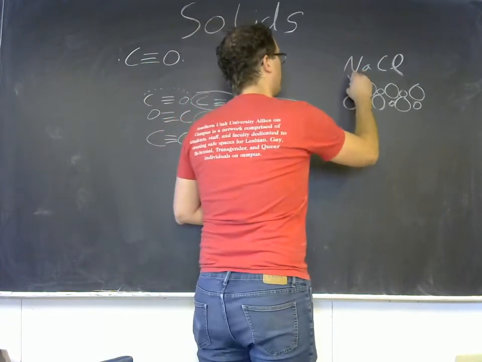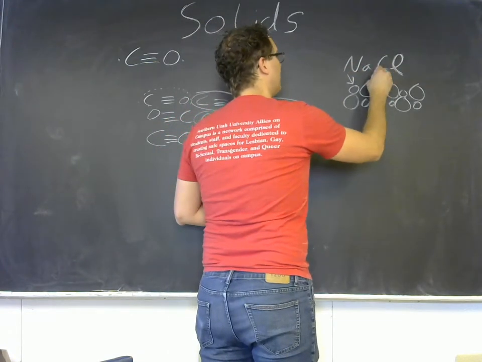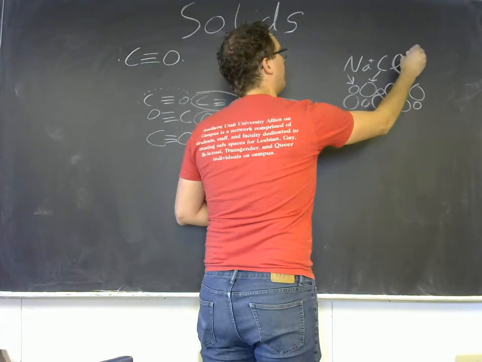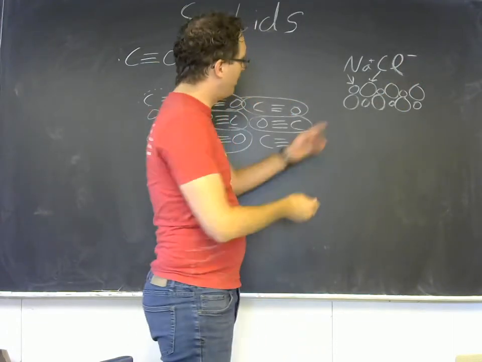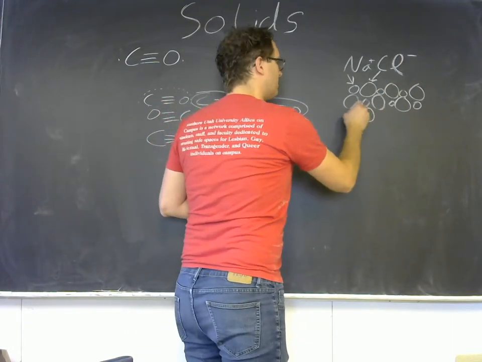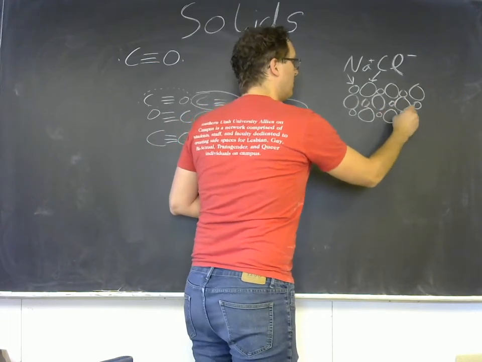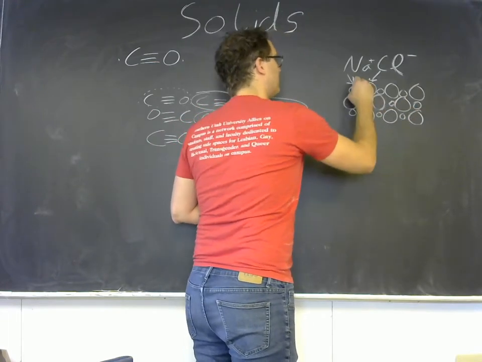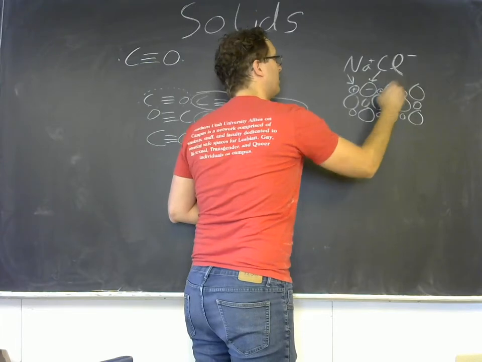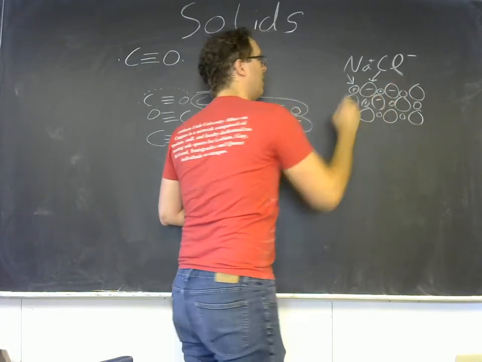So Na plus and Cl minus, and they form a lattice like this. Just to really emphasize, I'll write plus and minus on a few of them.